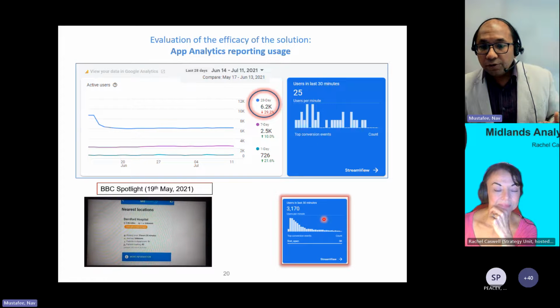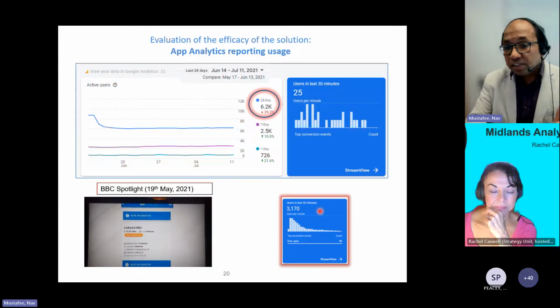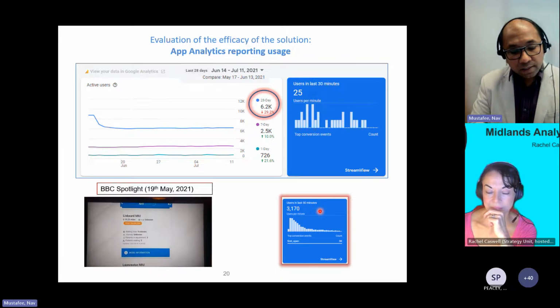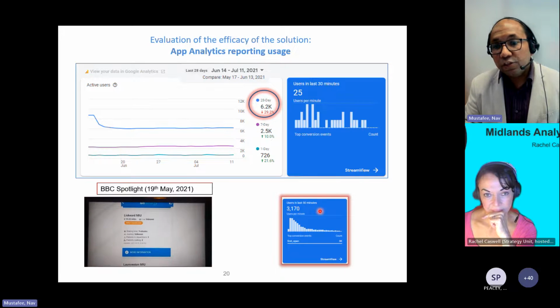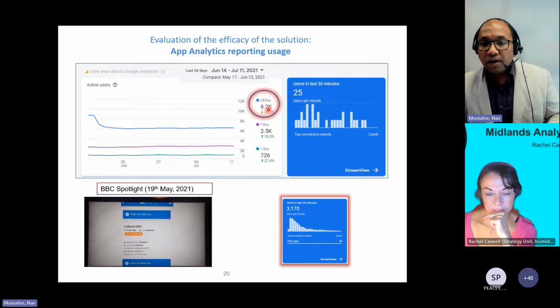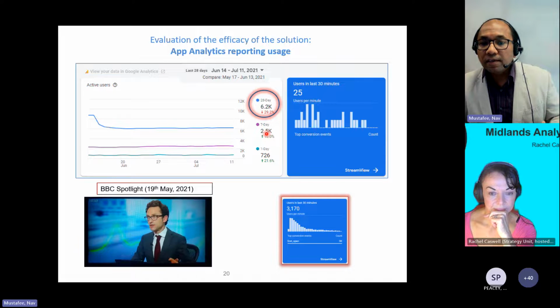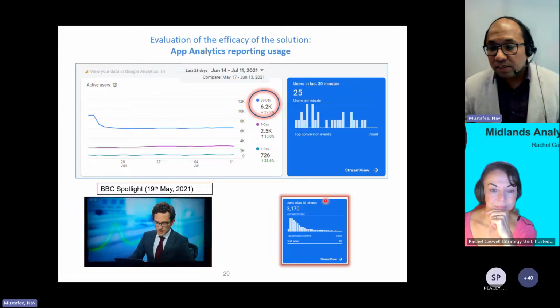You can see the usage in the last 30 minutes: more than 3,000 people used it because it was being shown on television. They were downloading the app and using it. Compared to that, our usage for a day over 7 days is only 2.5K, and in 30 minutes we had more than 3,000.